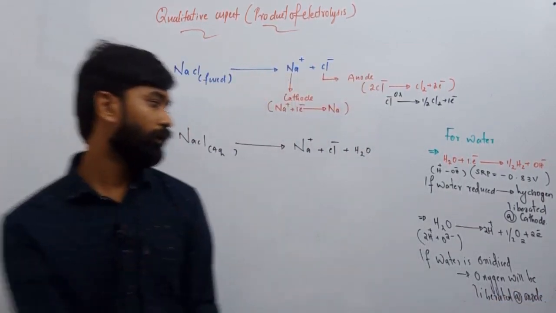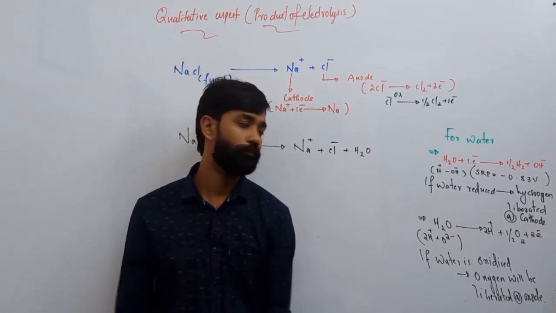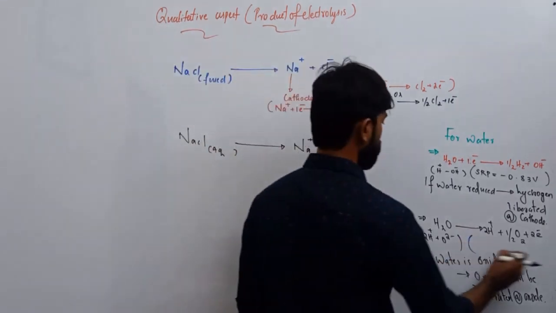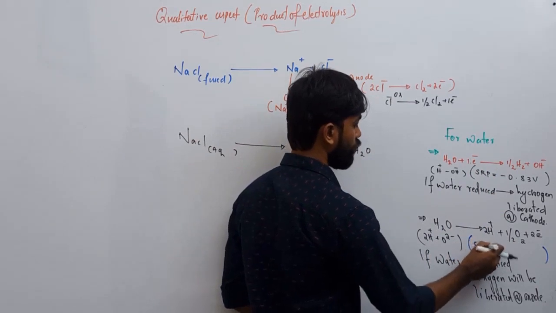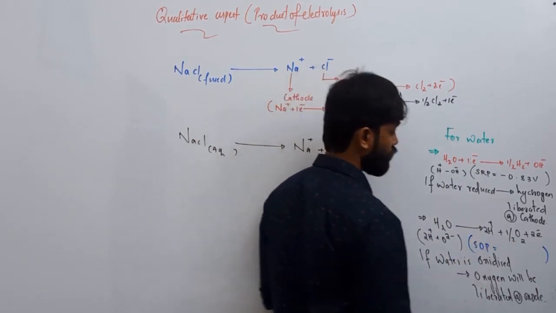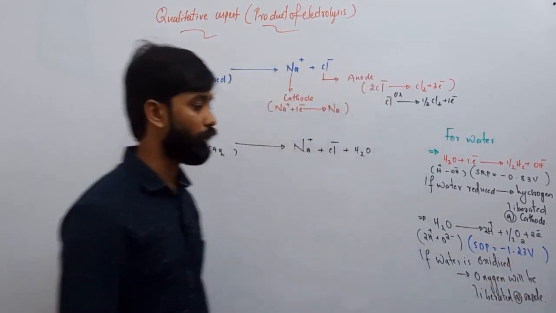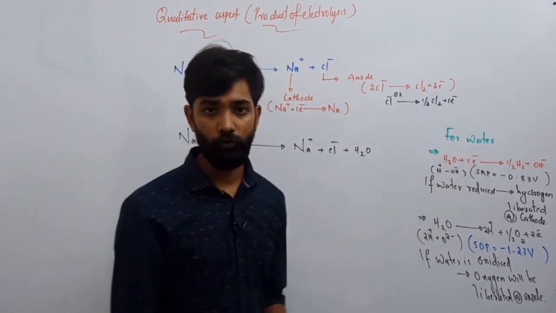So it is clear that water can oxidize to form oxygen, or water can reduce to form hydrogen. So keep it in mind. This is a very important point. And the standard oxidation potential for this oxidation is minus 1.23 volt. Ready? Fine. So this idea you have to know.